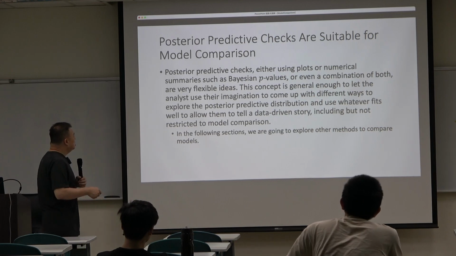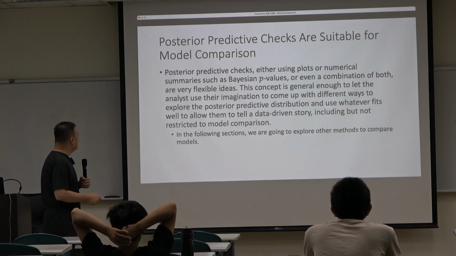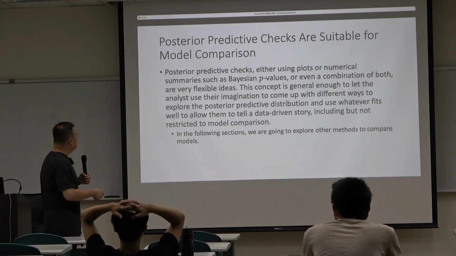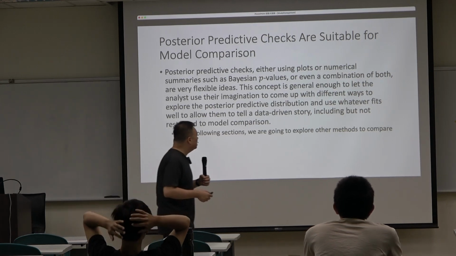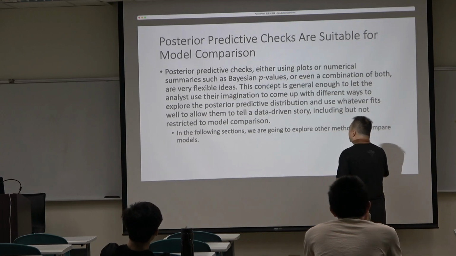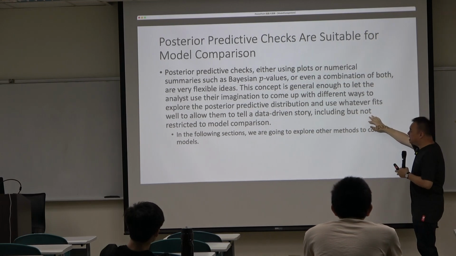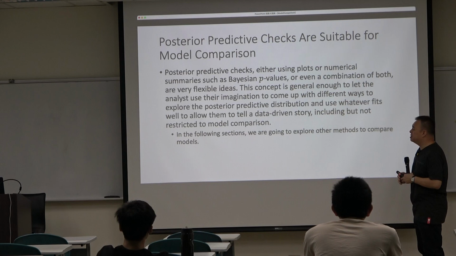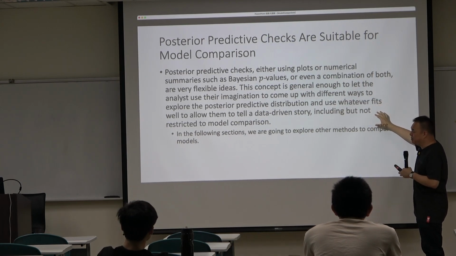This concept is general enough to let us come up with different ways to explore the posterior predictive distribution and use whatever fits to tell a data-driven story, including but not restricted to model comparison. But of course, in this chapter, we are primarily focused on model comparison.